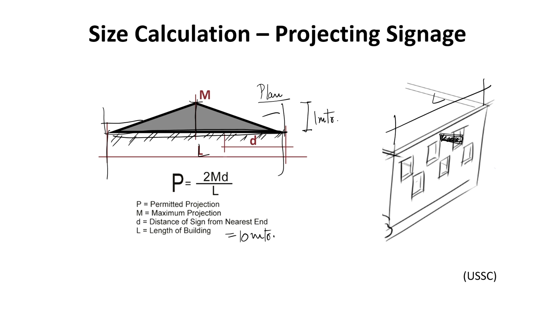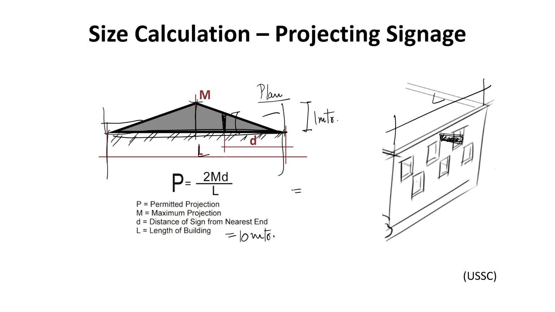Maybe it differs in some regions. Now, if we take the distance of the signage from the nearest end, which is D, I want to put my signage somewhere here. I want to know what my permissible projection should be. So how will I calculate that?